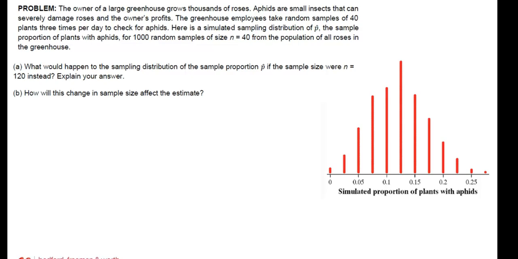What would happen if the sample size were 120? Well, it's going to have less variation. That's the big concept there. It would probably look a little more symmetric and maybe more normal. How will this change in sample size affect the estimate? The estimate should be pretty close either way.